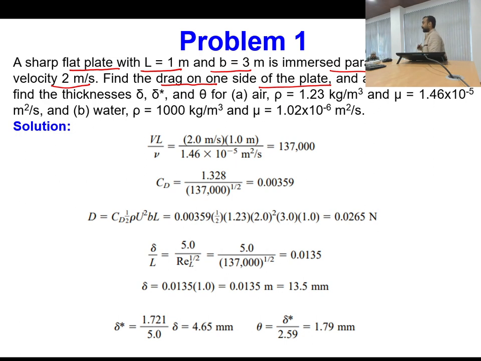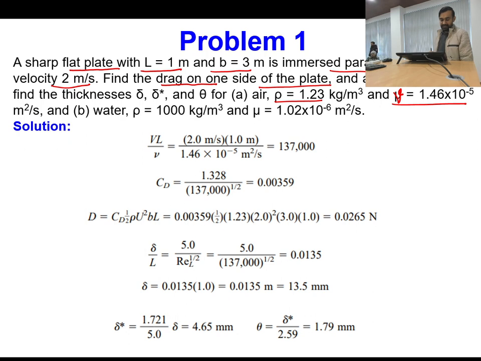That means we need to find the boundary layer thickness, displacement thickness and the momentum thickness at the trailing edge of the plate, and we need to do this using two different fluids. The first fluid is air, for which density is 1.23 kg per meter cube and viscosity is 1.46 into 10 to the power minus 5. Sorry, this is not mu, this is nu, because the unit is meter square per second. So this is the kinematic viscosity, not the dynamic viscosity.